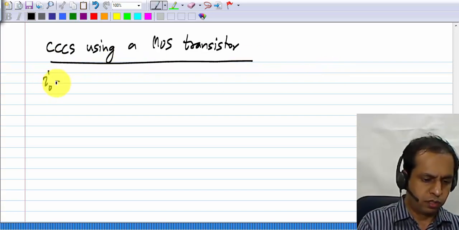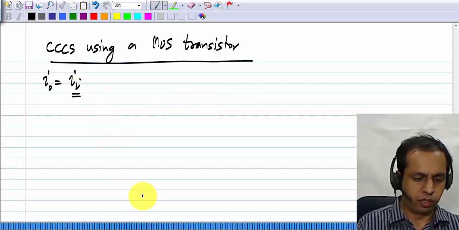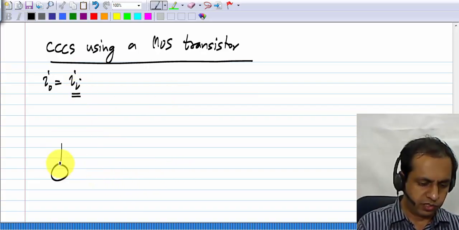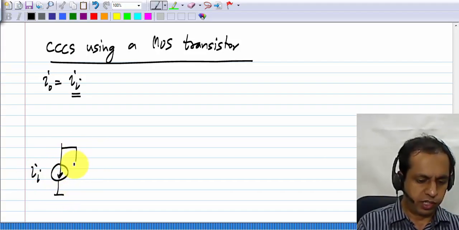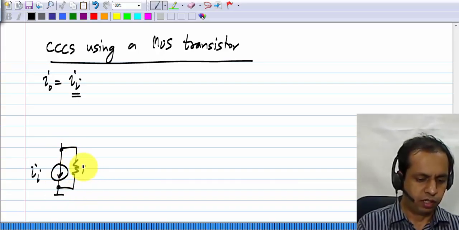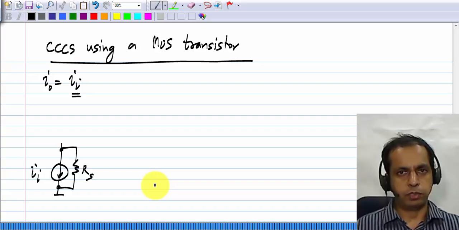So we want I naught equals Ii. When we say there is an input current, obviously we mean that there is a current source whose value is Ii, and of course it could be non-ideal. In fact, it's expected to be non-ideal, and it will have a resistance in parallel with it, which is Rs.